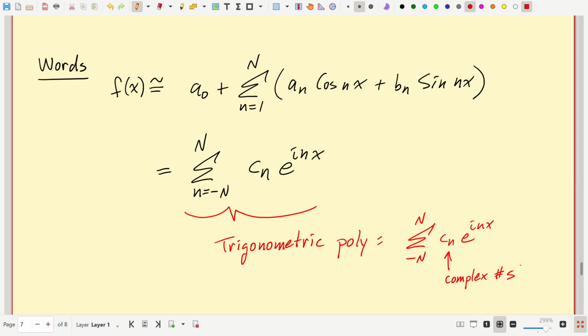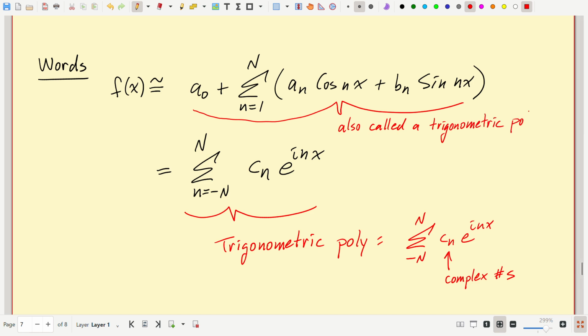And we showed that the other form can also be thought of as a trigonometric polynomial, because they're equivalent.